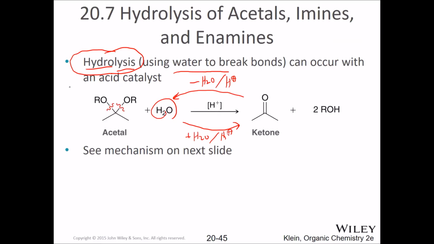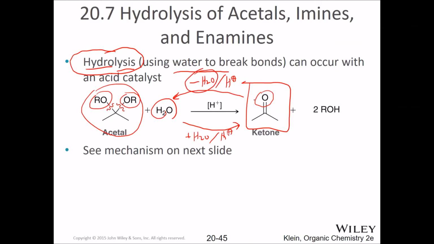So if I'm starting out with this and I'm going to this, then I've got to break a bunch of ROs off, right? And I've got to increase an oxygen, which we remember from making acetals and imines and enamines, that the oxygen that comes off goes off as water, right?